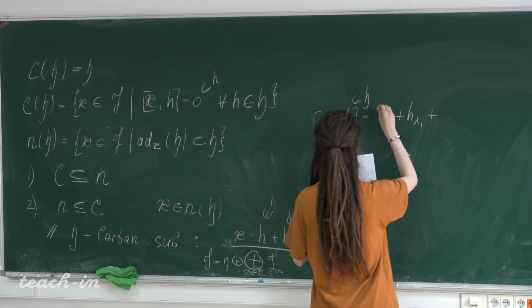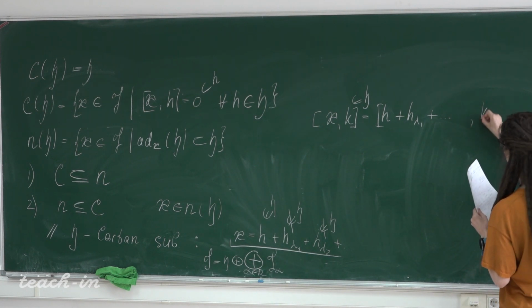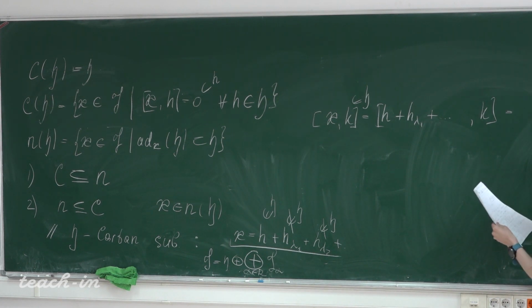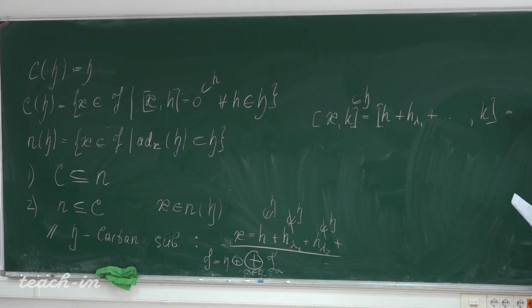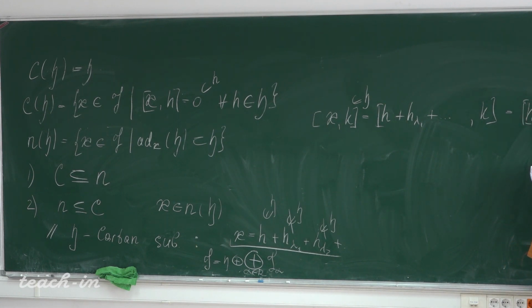So your x is in the normalizer. Yes, and because the commutator is linear, I can open the brackets, so it will be the commutator of h with k, plus the one with h lambda 1 and k, and so on, plus h lambda n with k.